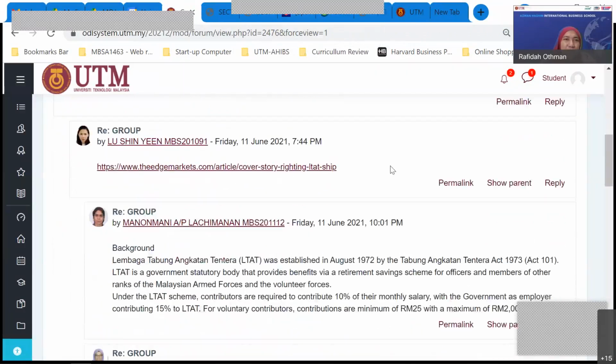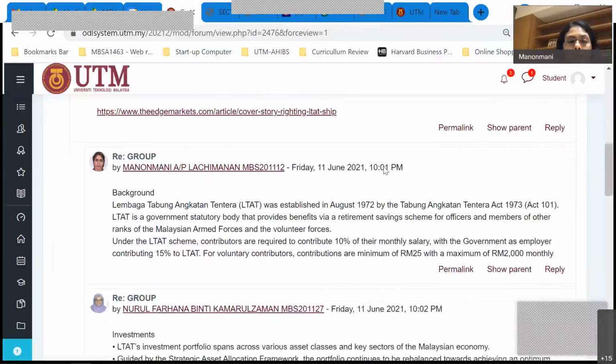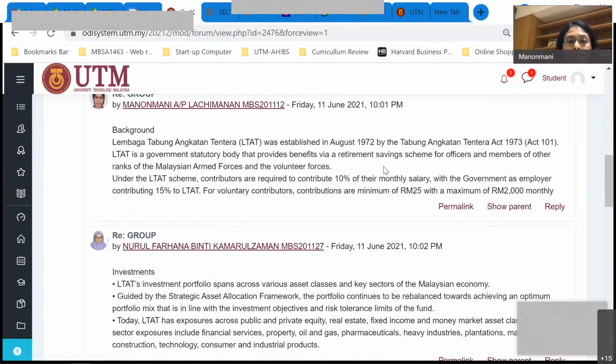Yes, let me just cover the background first. We have taken a topic on the Lembaga Tabung Angkatan Tentera, that is LTAT. This is a government statutory body that provides a retirement saving scheme for the officers and all the ranks of the Malaysian Armed Forces and the volunteer forces.